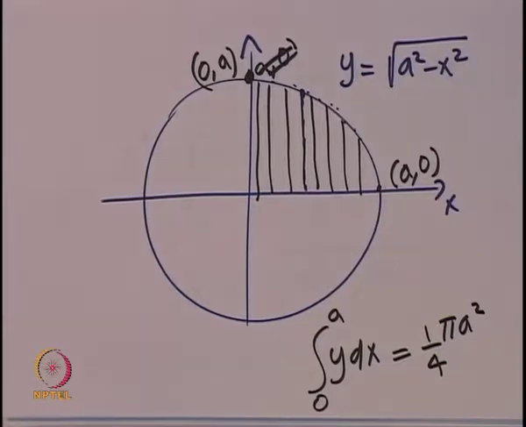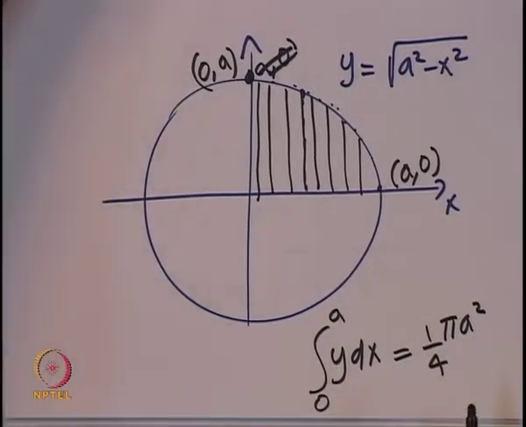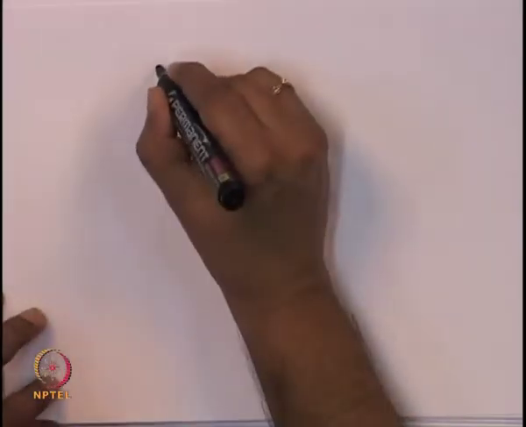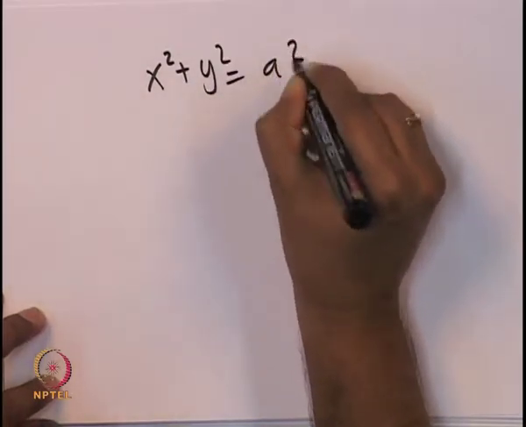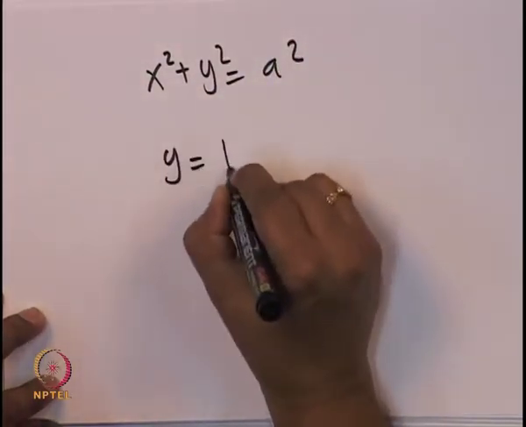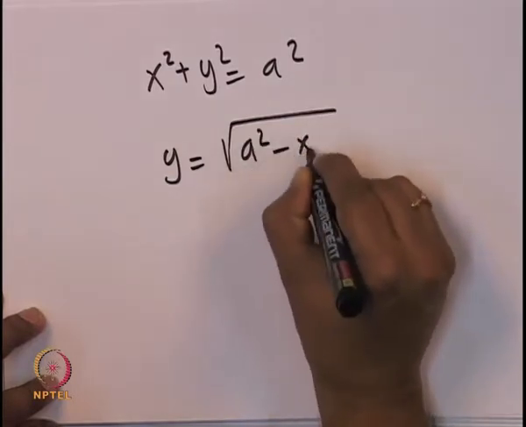This has to be pi a square by 4, because 4 times this has to be pi a square. Now let us think about what integral y dx is. Our equation is x square plus y square is equal to a square, and y is root of a square minus x square.